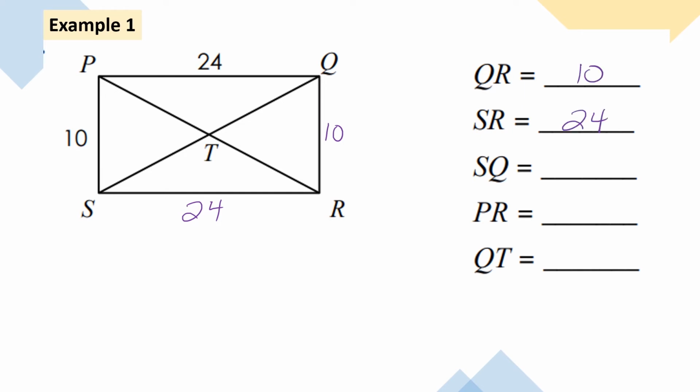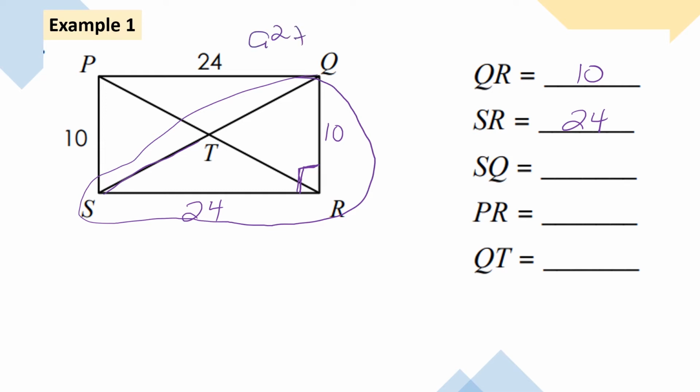Now SQ is a diagonal, and I don't have the length for the diagonal, but I do have a right triangle right here because all 4 angles in a rectangle are right angles. And so since I have a right triangle here, I could use the Pythagorean theorem, a squared plus b squared equals c squared, to solve for SQ.